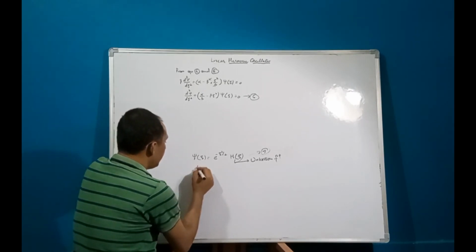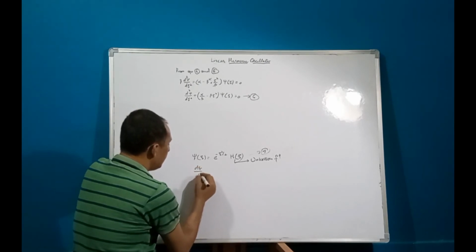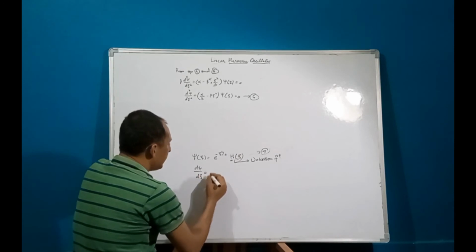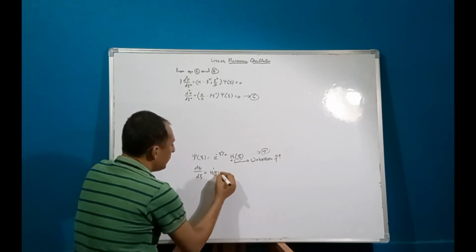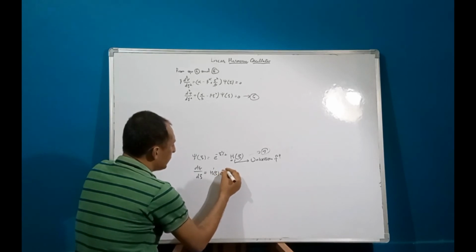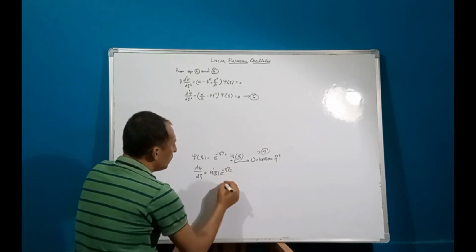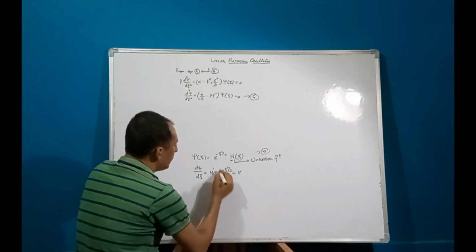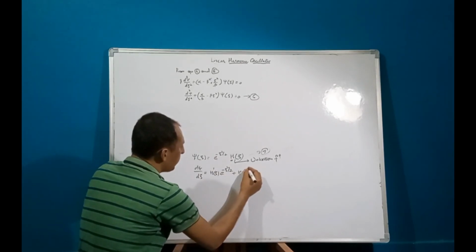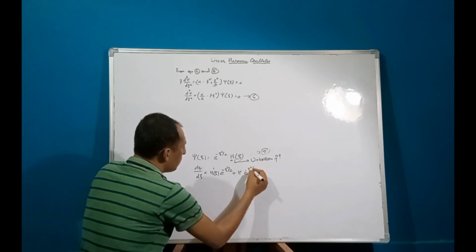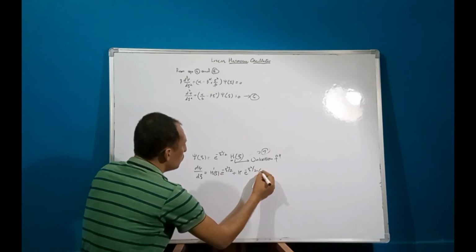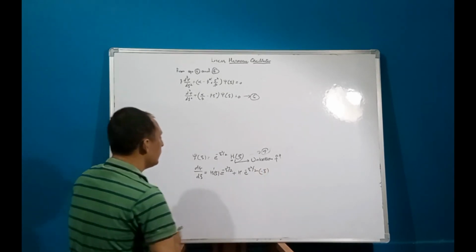If we take d psi over d xi, first of all you can differentiate h of xi and you will get h dash of xi, and then e to the power minus xi square by 2. Plus, if you leave h of xi as such, then you have to differentiate e to the power minus xi square by 2, and the derivative of minus xi square by 2 will be minus xi.